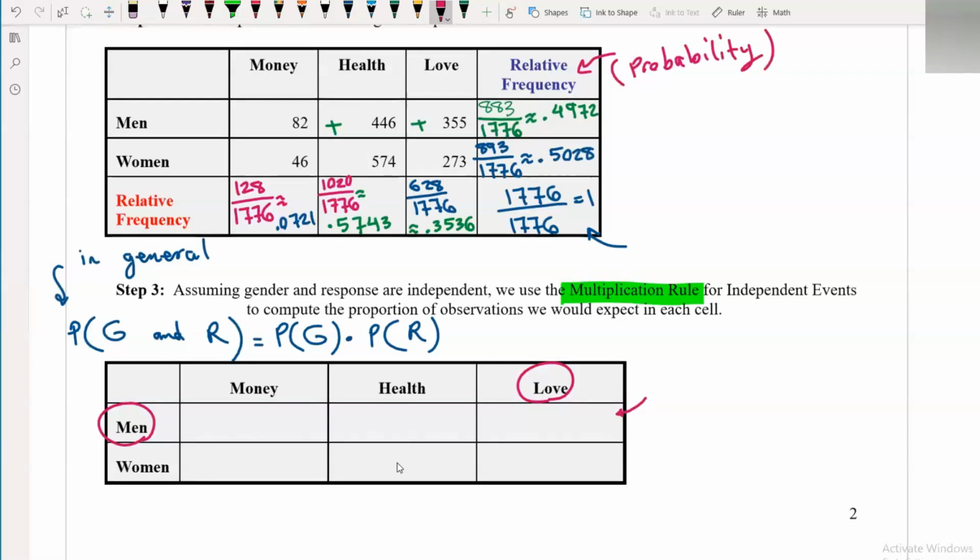And here we're trying to multiply these two probabilities. So the probability of men is 883 divided by 1776, multiplied by the probability of love, which is 628 divided by the total. I multiplied and rounded to 4 decimal places. My answer was 0.1758. So this is the answer for this one.